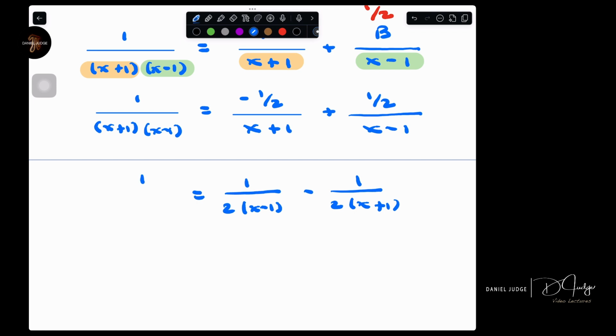So the original function can be described in a simpler way. Let's go back maybe to the beginning.